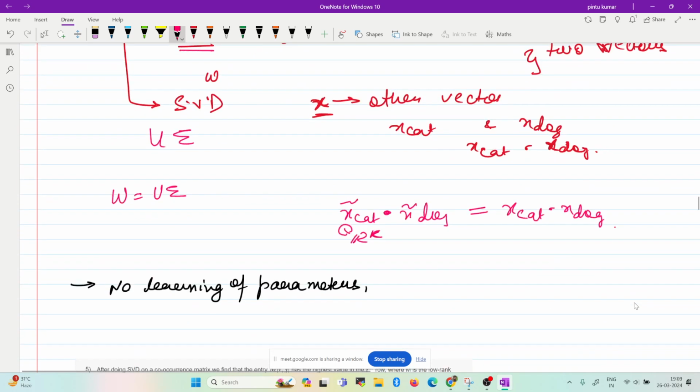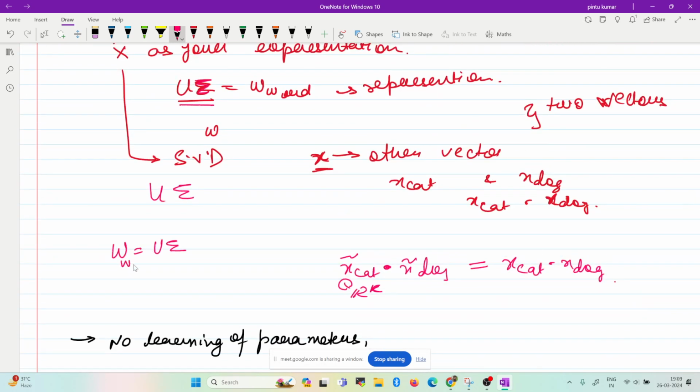So if you use your W word as just U sigma, you can get a smaller length representation. Earlier you had an n length representation, now we will have a k length representation, and k is much lesser than n, and it is doing the same job for you, because the dot product between these two vectors and those two vectors are the same.